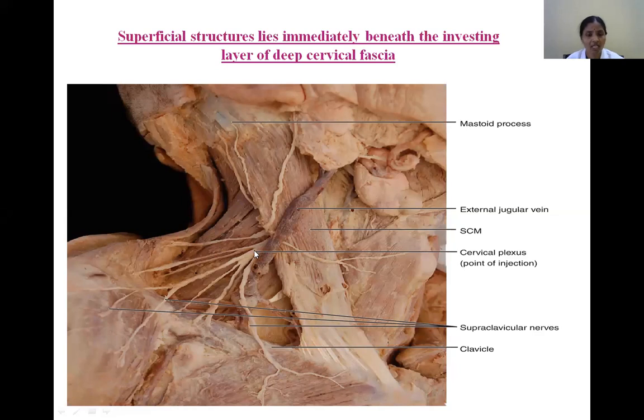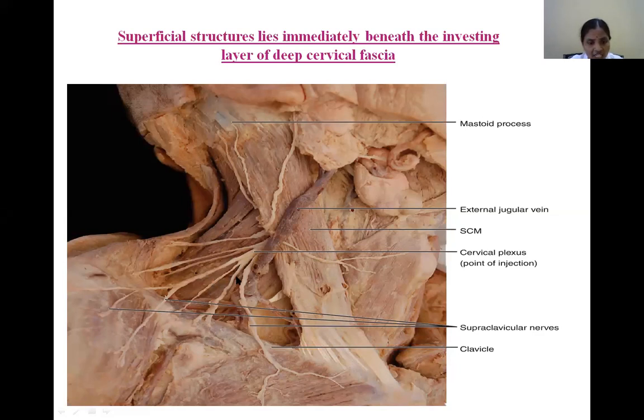Then the other important cutaneous nerve, that is the supraclavicular nerve. So here the supraclavicular nerve divides into lateral branches. These are the lateral branches. All these are branches of the lateral supraclavicular nerve. And this is the intermediate branch. Here you can identify a nerve that is going to pierce a bone. What is this bone? Clavicle. Have you appreciated here?